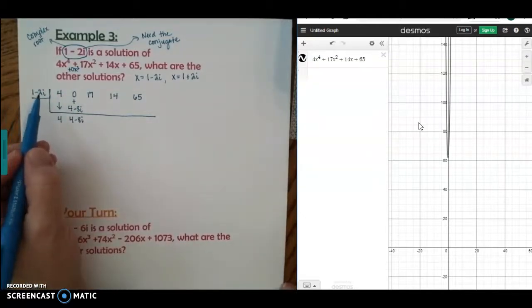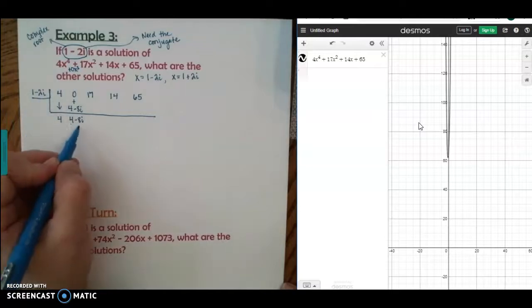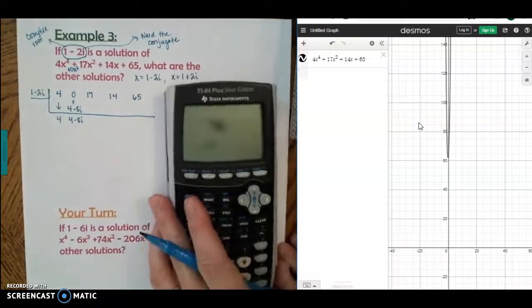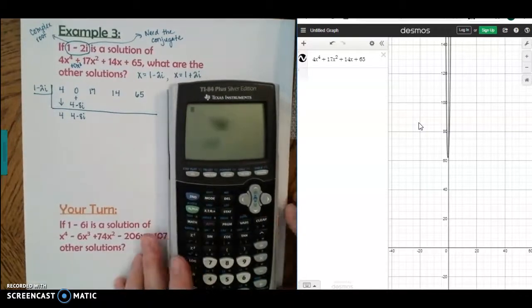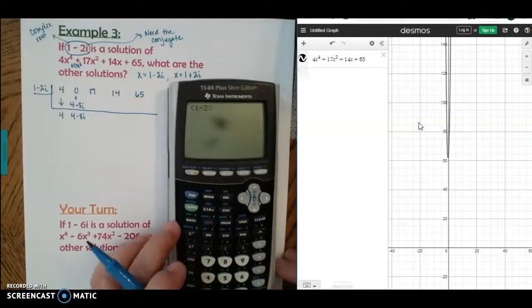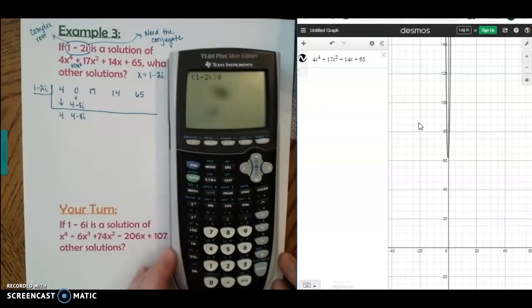So then technically now when I multiply, I'm multiplying 1 minus 2i times 4 minus 8i. I'm going to pull my calculator in for this because we can do this on our calculator to make life a lot easier. So you're going to put 1 minus 2, and to get i on your calculator, it's second decimal. Let me push that up so you can see it.